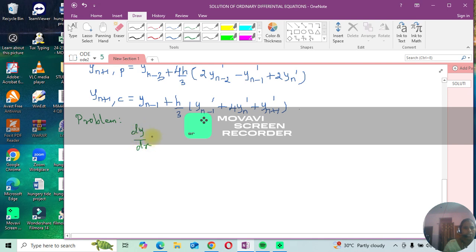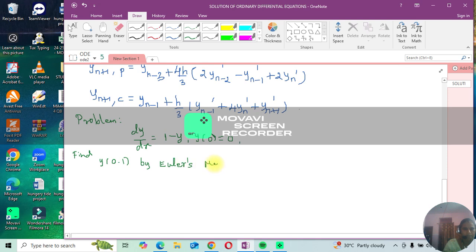So dy by dx is equal to 1 minus y along with the initial condition y of 0 equal to 0, and suppose I want to find y of 0.1 by a certain method. For example, find y of 0.1 by Euler's method. So I am applying Euler's method for this.